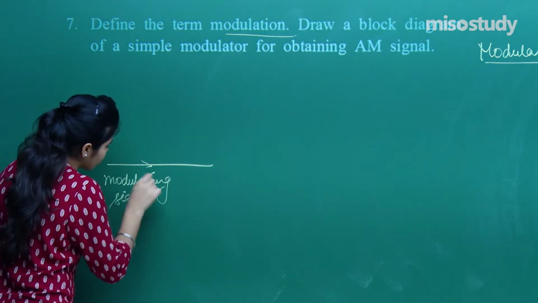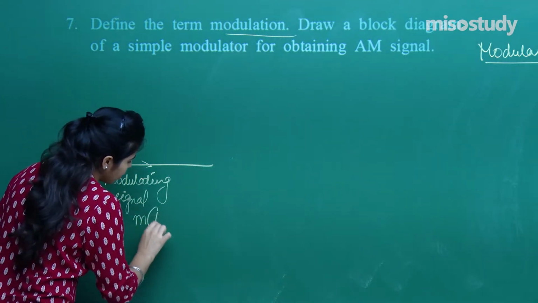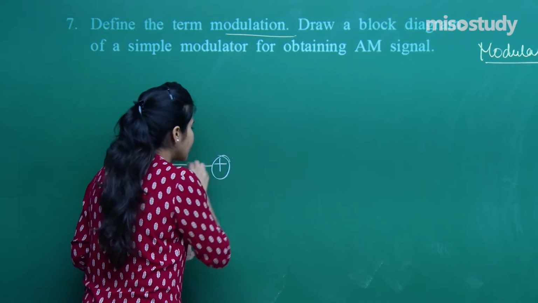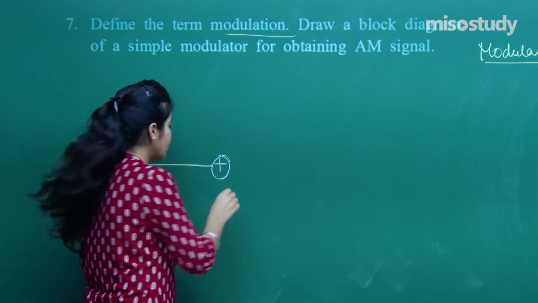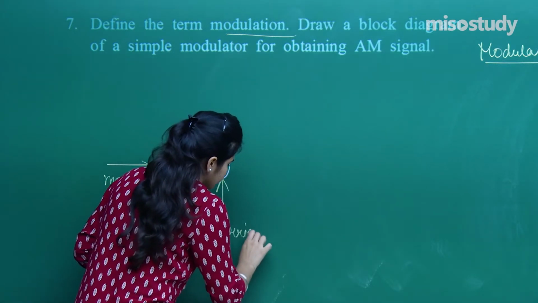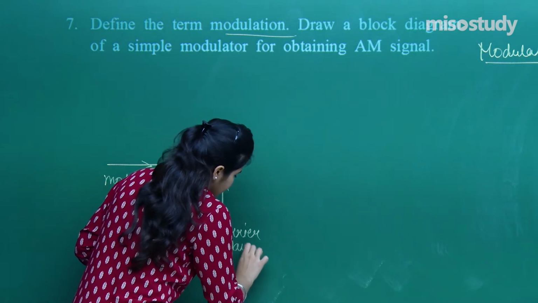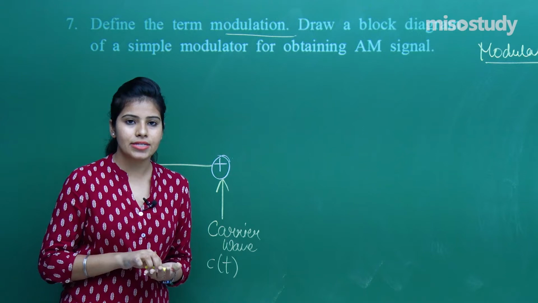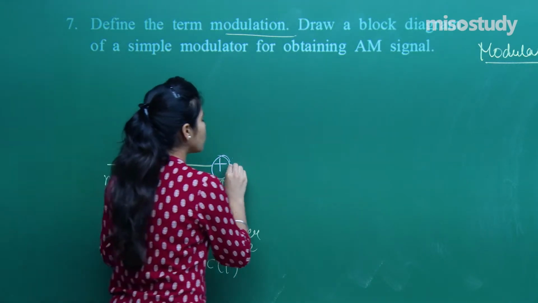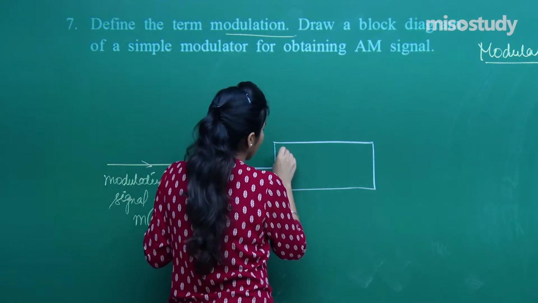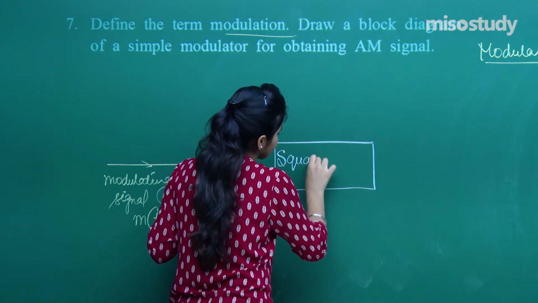You can write this modulating signal as m(t). Now here there will be the addition of the carrier wave, which we will be denoting as c(t). When both are added, they will be passed through a square law device.